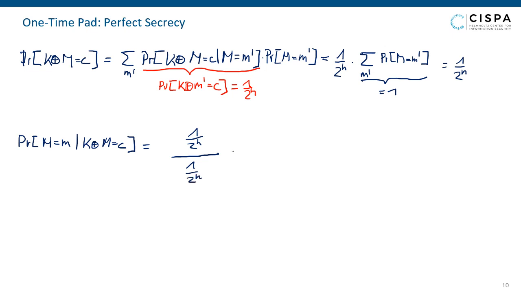Nicely, that cancels out, times the probability M equals m. And that's exactly what we wanted to show. This is the probability M equals m. So we have shown that the requirement for perfect secrecy is satisfied for all choices of the message M and the ciphertext C, and this concludes our proof.